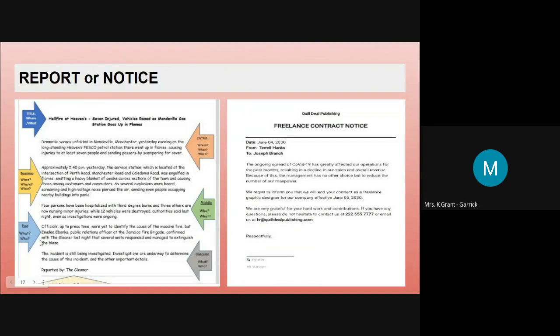So you focus on the individuals involved in the report. Then by the time you get to the outcome of the scenario, the result, you want to say what and who were involved here.